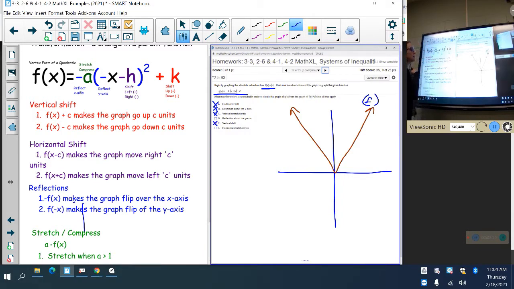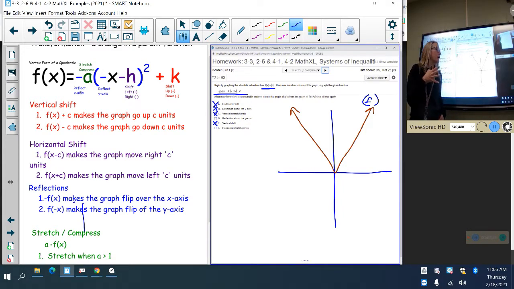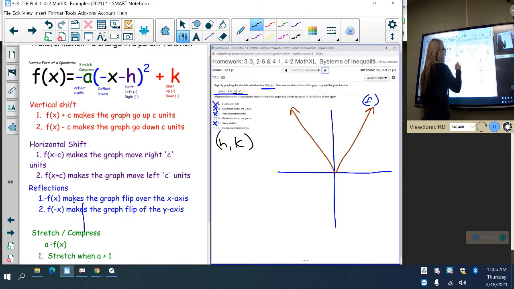Now, the next part is going to ask you to graph this. If you have to graph this, how do I know? Well, I know it's going to be a V, and I know that the vertex is going to be (h, k). The vertex is at (-6, +2).